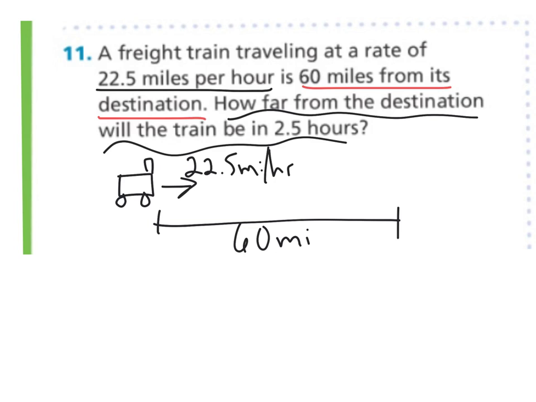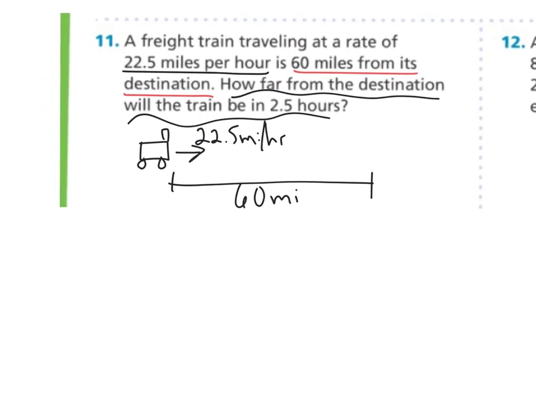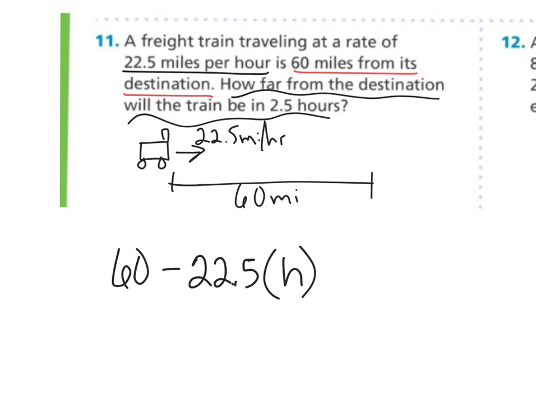So just think about, again, your starting point. The starting point is that it's 60 miles away, and then is its distance from its destination going to be getting smaller or bigger? Well, it's going towards its destination. We're assuming, I guess. It doesn't say that, but anyway, so our distance from the destination is going to be getting smaller. So 60 miles minus 22.5 miles per hour times however many hours that they're driving for.